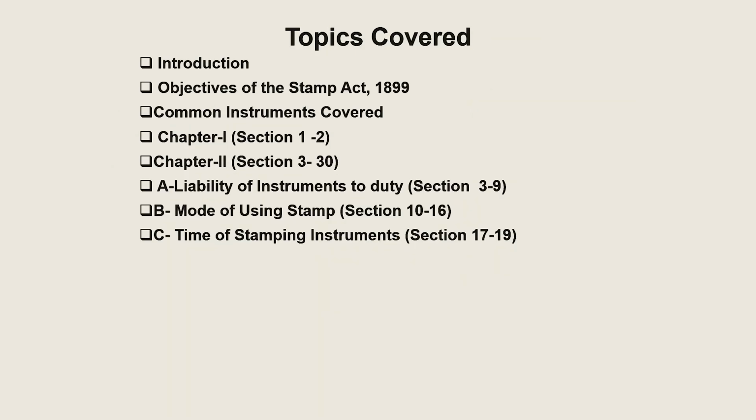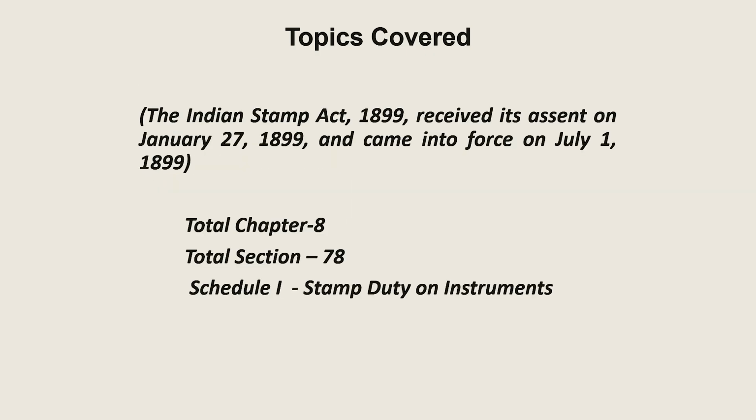The topics we are going to cover today are the outline, the introduction of this act, the objective of the Stamp Act 1899, some common instruments, and then chapter number 1 and chapter number 2. So our discussion in today's lecture will be from section 1 to section 19.